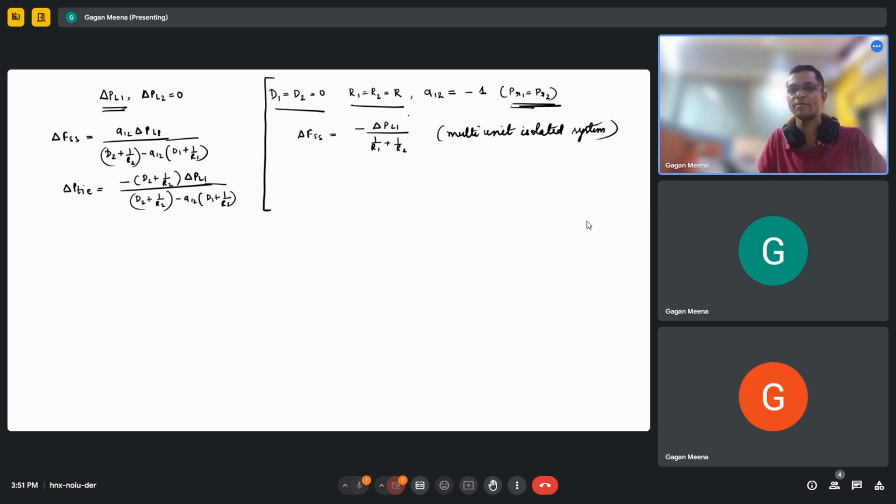Then we will get the output delta F steady state same as what we got for the multi-unit isolated system. And delta P tie will be, so D is 0, and this is minus 1 by R into delta PL1 divided by 1 by R plus 1 by R, which is 2 by R. So this is minus delta PL1 divided by 2.